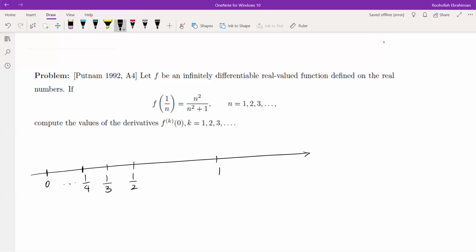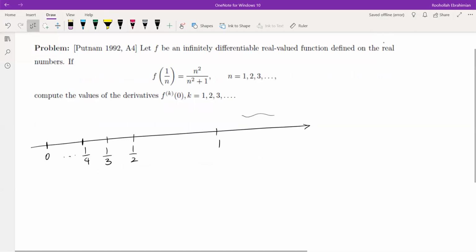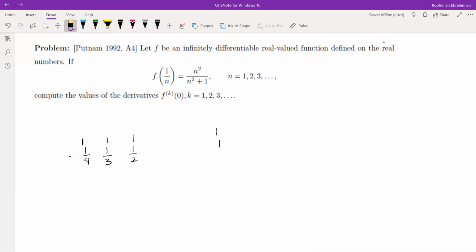But that seems very unlikely, given that you don't really know what's going on outside of the interval 0 to 1, and even between, say, 1 and 1/2, you could have many different possibilities. If I put it on a graph, I basically know a bunch of values.